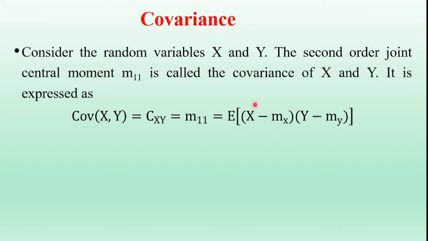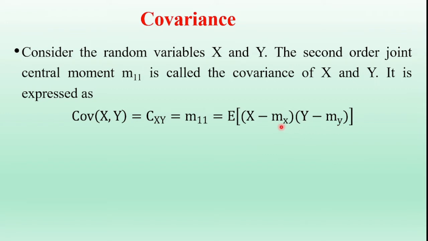So consider two random variables capital X and capital Y. The second order joint central moment M11 is called the covariance of the random variables capital X and capital Y, and it is denoted by covariance of X comma Y, or C suffix XY, or M suffix 11, and it is defined as the expectation of (X minus mX) into (Y minus mY).